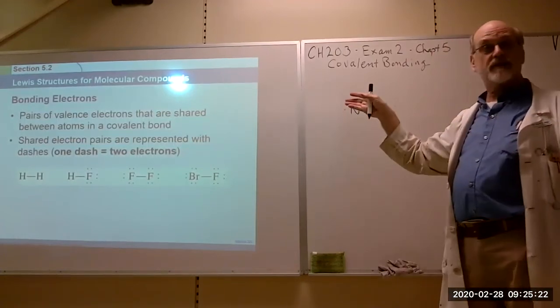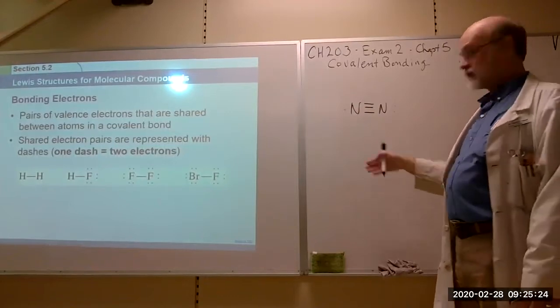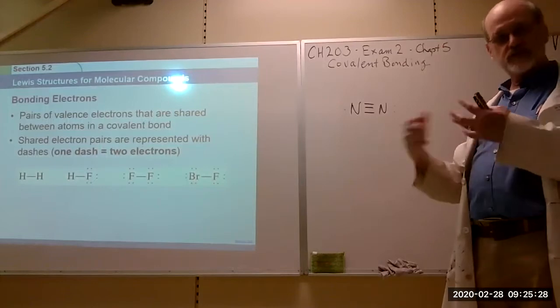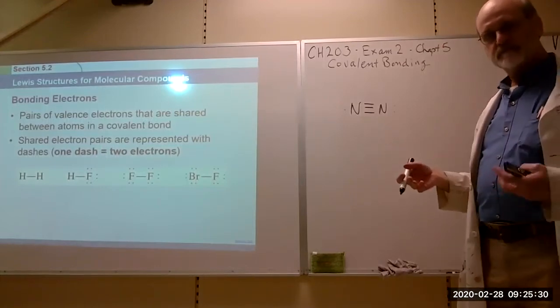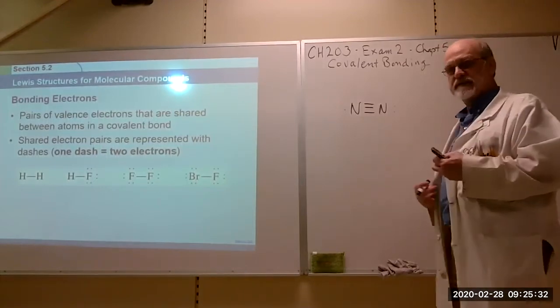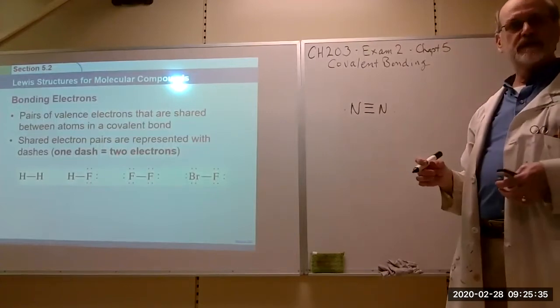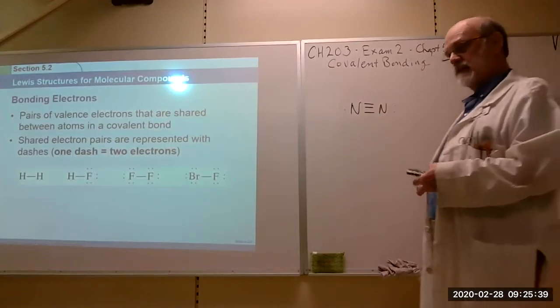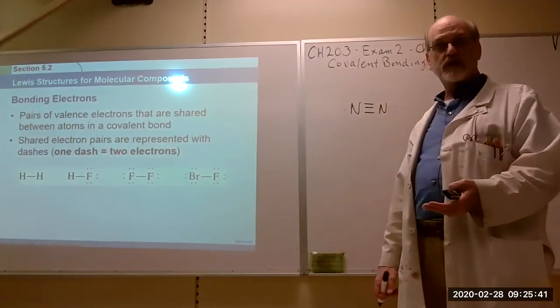That one thinks it has an octet. And the triple bond is naturally stronger than the double, which is stronger than the single bond. That's why nitrogen gas in the atmosphere stays that way. And it's considered relatively inert.